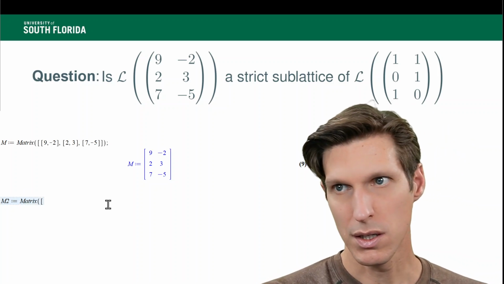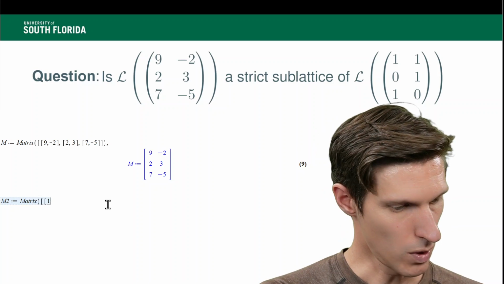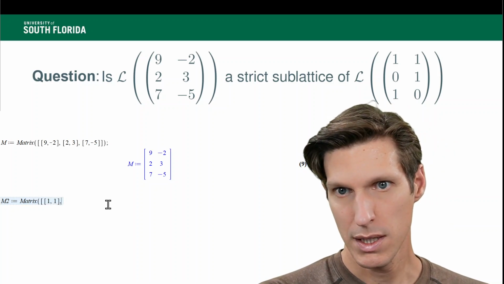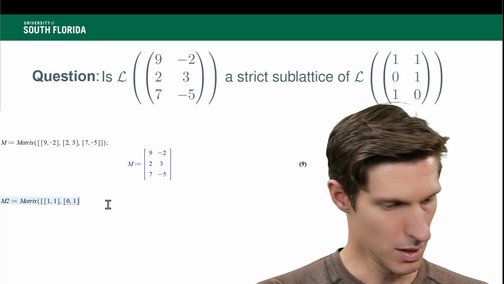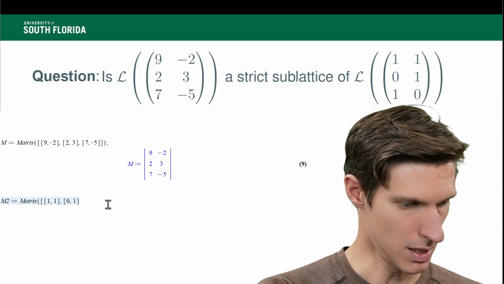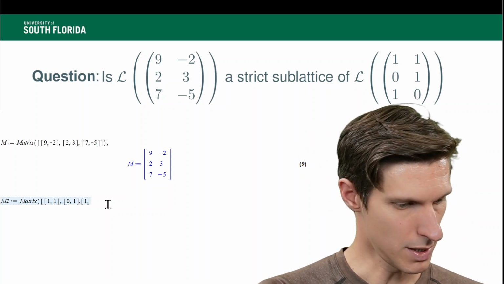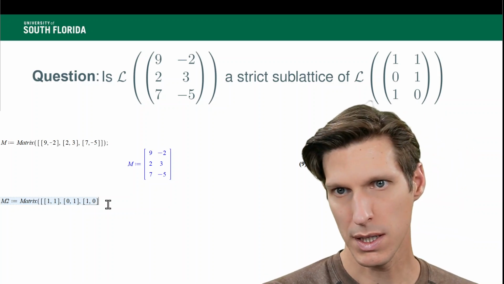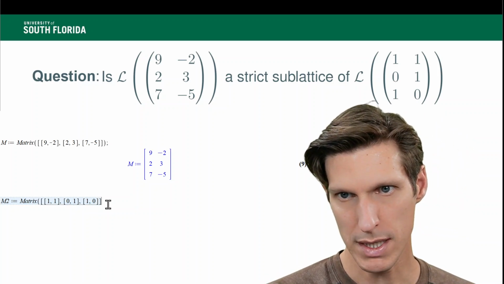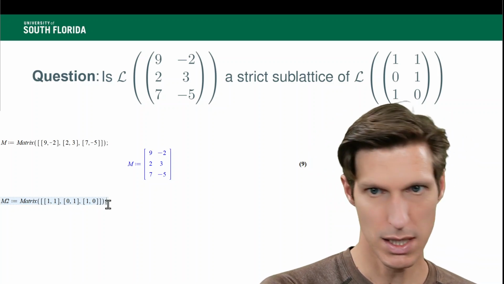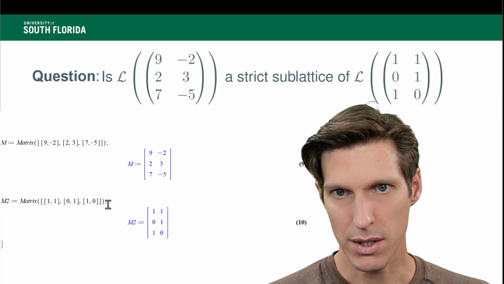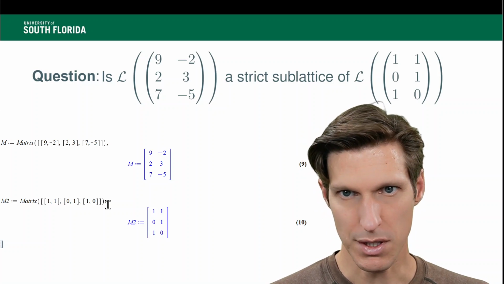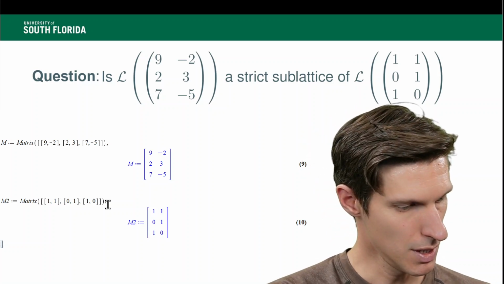So what is it again? (1, 1), and then (0, 1), and then (1, 0). And then I'm going to close all these brackets. And then, all right. So now I can just simply calculate the square root of the determinant of both of these matrices.